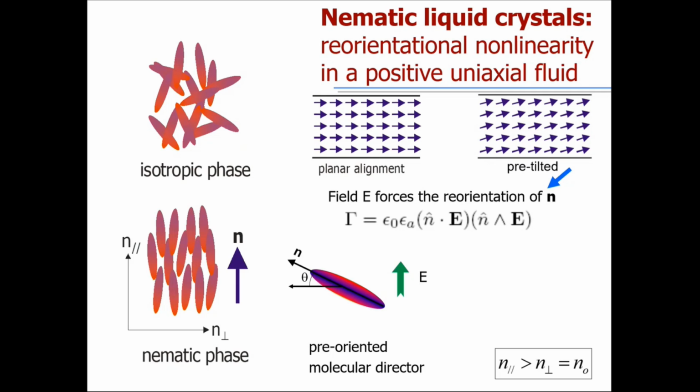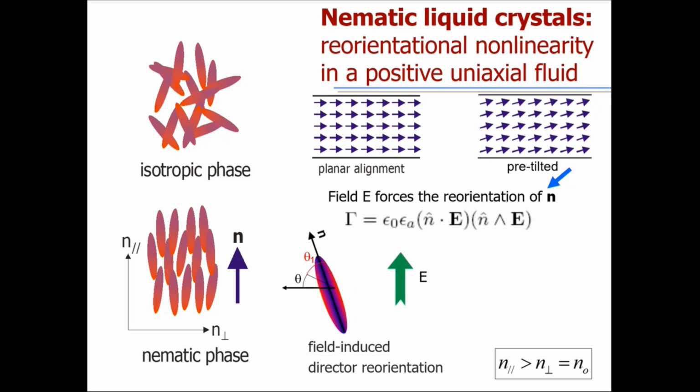So this dipole will react to the electric field, and by way of this torque indicated by gamma here, the reaction of dipoles with the electric field will tend to move the molecules from their initial position at an angle theta to a new position which is with a larger angle theta.